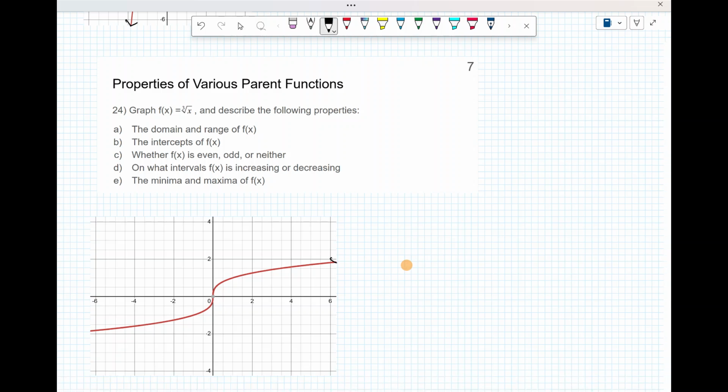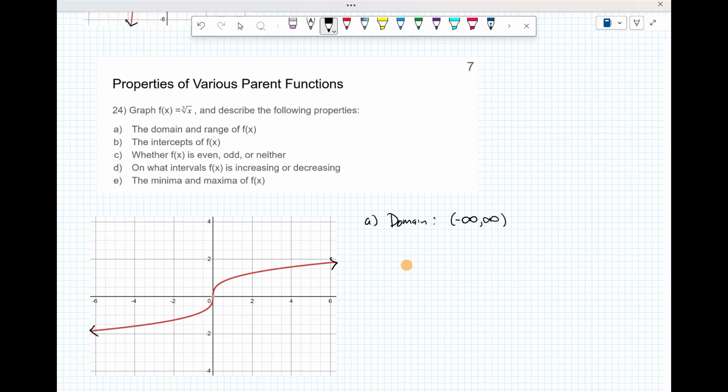Domain and range. Okay, very similar to x to the third. My domain, I can plug in, you can see that this is going to go to negative infinity and positive infinity on the x-axis. So it's all real numbers.